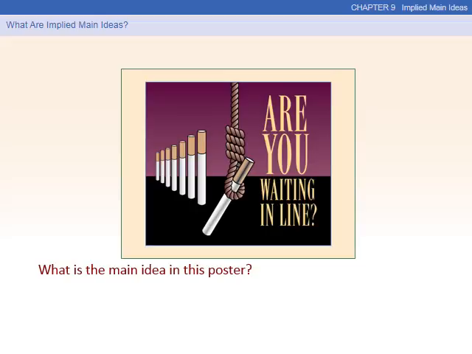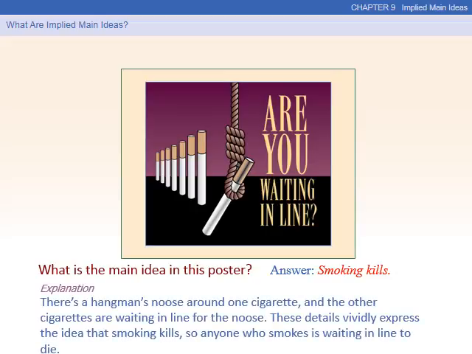So the main idea of this poster is that smoking kills, right? All of these cigarettes, supposed to represent people, are standing in line to be killed. All the other ones are waiting in line. So even though the main idea isn't stated, it's very clear what we mean.